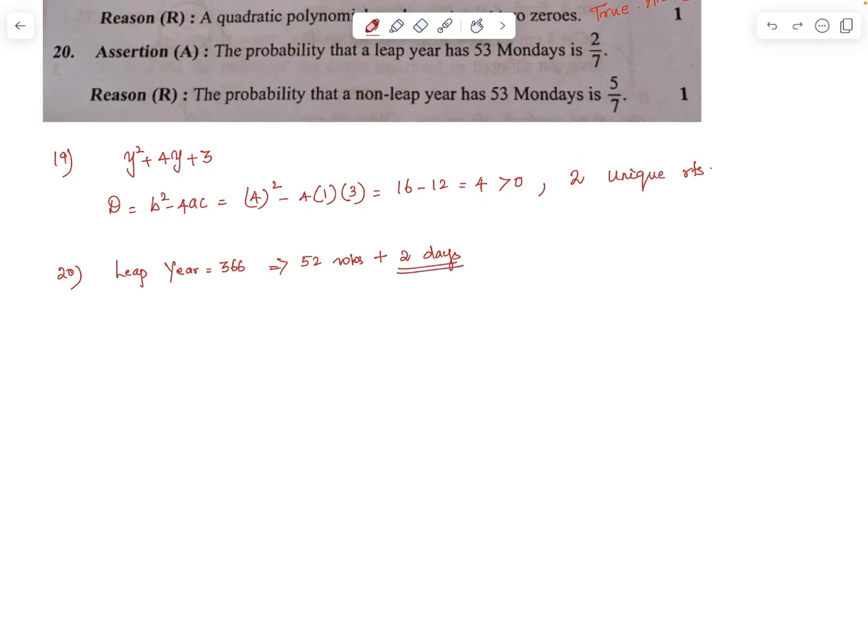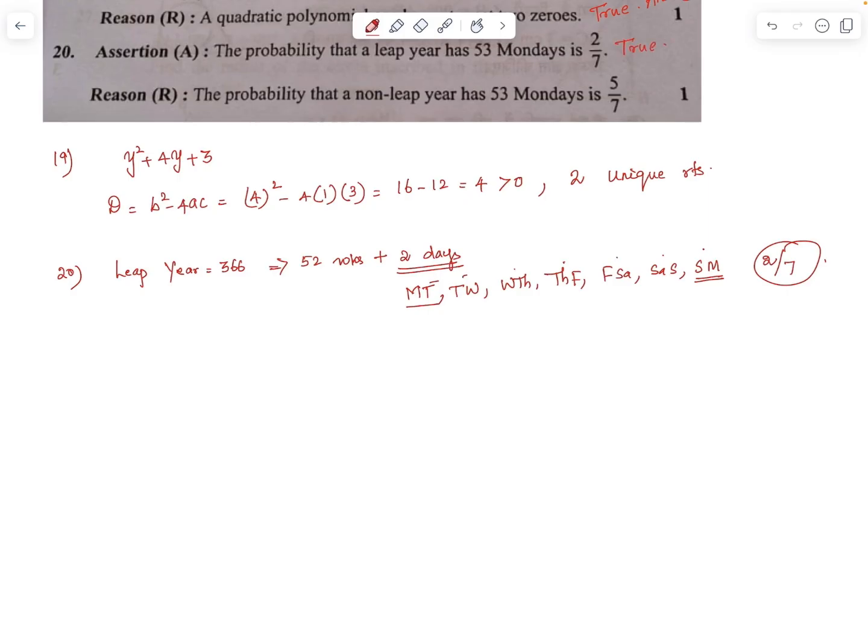The possibilities are Monday, Tuesday, Tuesday, Wednesday, Wednesday, Thursday, Thursday, Friday, Friday, Saturday, Saturday, Sunday, and Sunday, Monday. So Monday occurs in two places, MT and SM. So the probability is 2 upon the total possibilities are 7 in number 1, 2, 3, 4, 5, 6, 7. So 2 upon 7. So this statement is true.